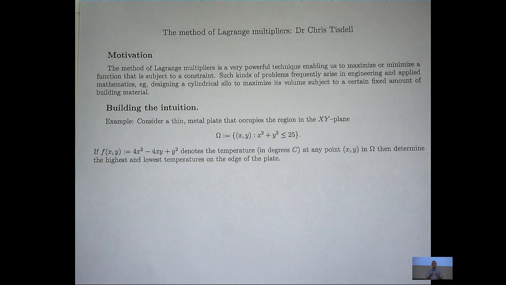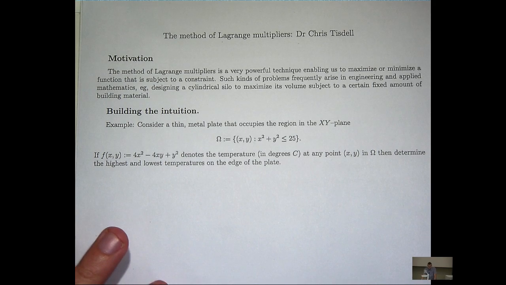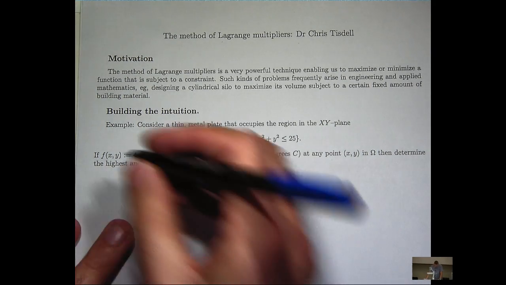So this is a problem that we can solve using Lagrange multipliers. You can use other methods, but I'm going to show you how you can use Lagrange multipliers for this one. So let's write it in the Lagrange multipliers context.